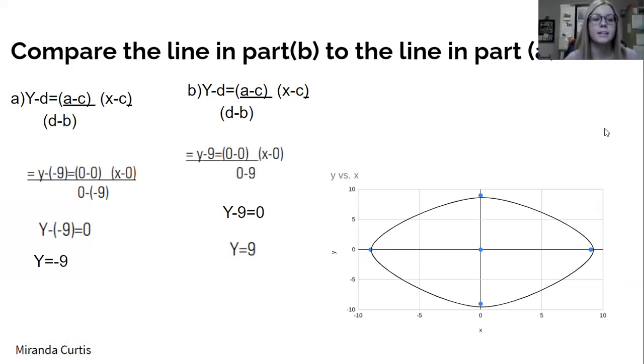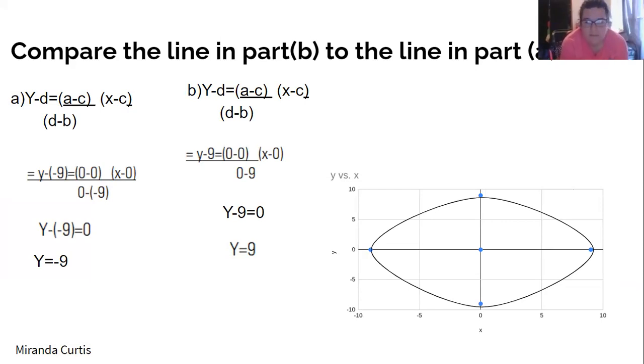Okay, Miranda, compare the line in part B to the line in part A. Okay, so we will recall in part A that our answer was a negative 9, and in part B, our answer was 9. Remember that 2 lines are parallel if their slopes are equal, and 2 lines are perpendicular if their slopes are negative reciprocals.